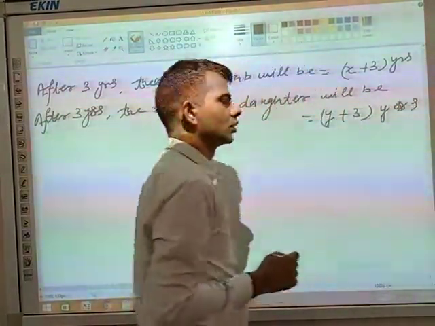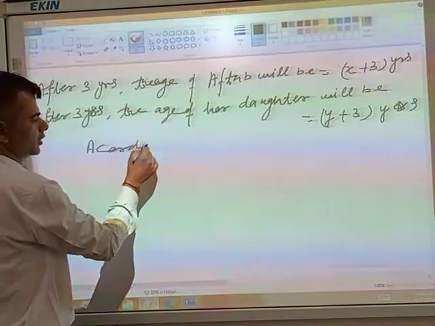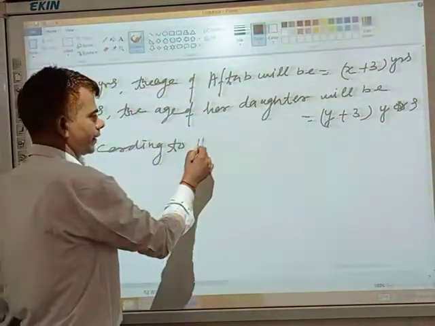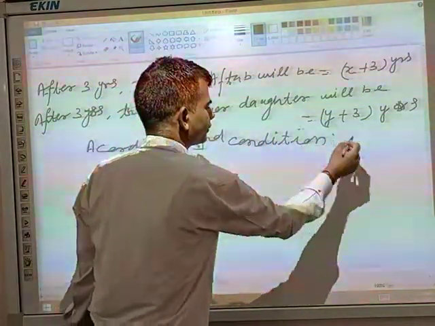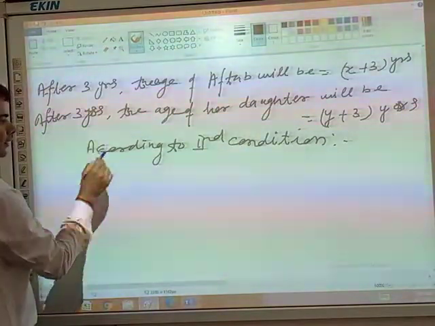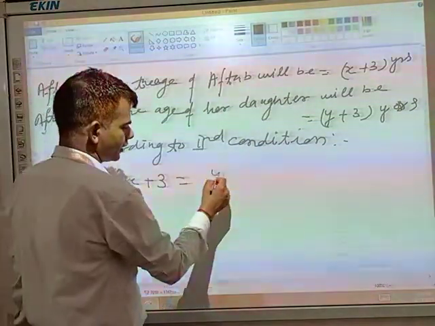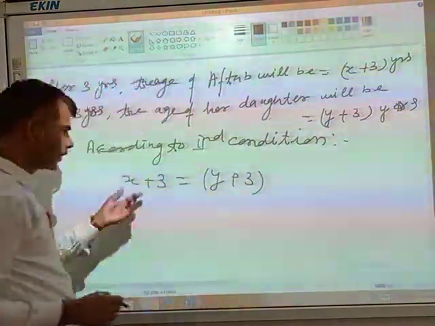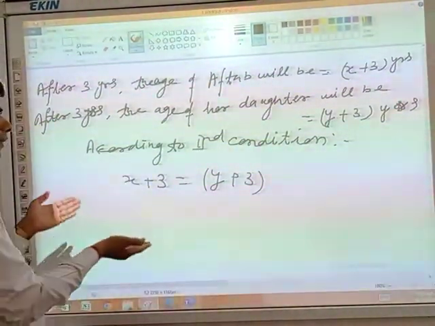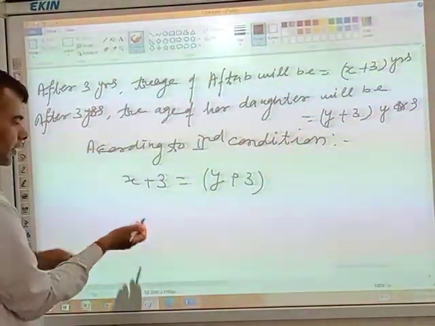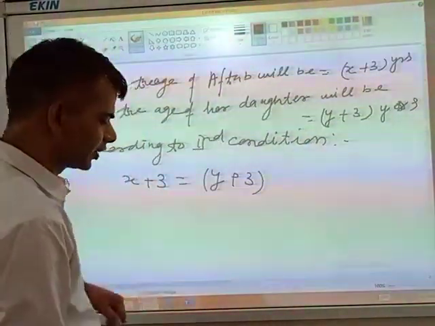No, sir. Okay, students. Now, according to the second condition, it is x plus 3, it is y plus 3. x plus 3 is the age of Aftab after 3 years, and y plus 3 is the age of his daughter after 3 years.